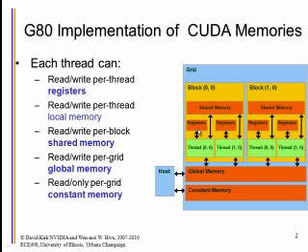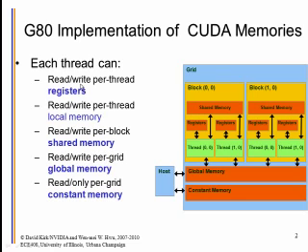The registers belong to a particular thread. Shared memory, however, is shared among threads within a block. Global memory and constant memory are shared by all the threads in all blocks. That's basically the whole memory hierarchy in CUDA.